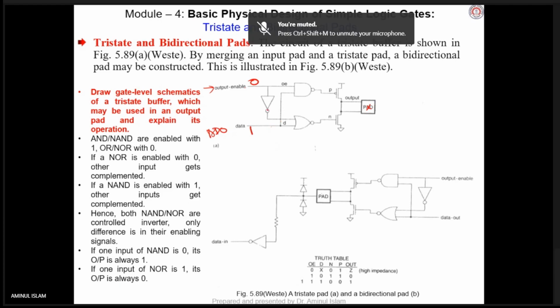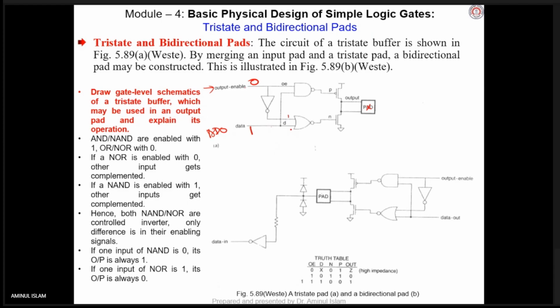This is 1, so this is also 1. Both are 1, so what is the output? NOR gate output, you tell. Both are 1. NOR gate output is what? You are forgetting the NOR gate. 0 only, sir.